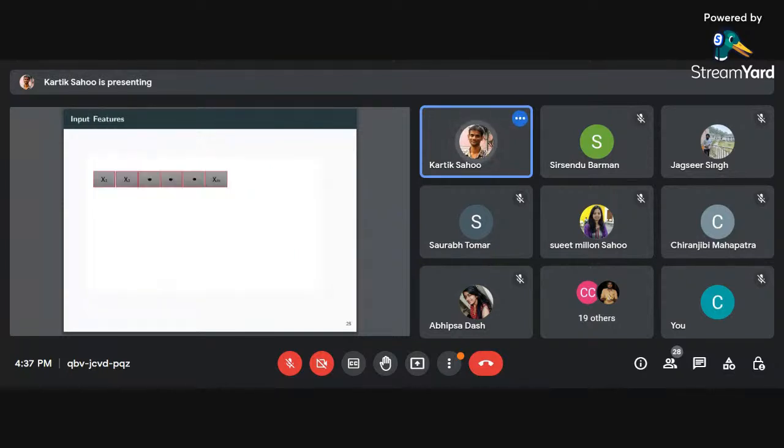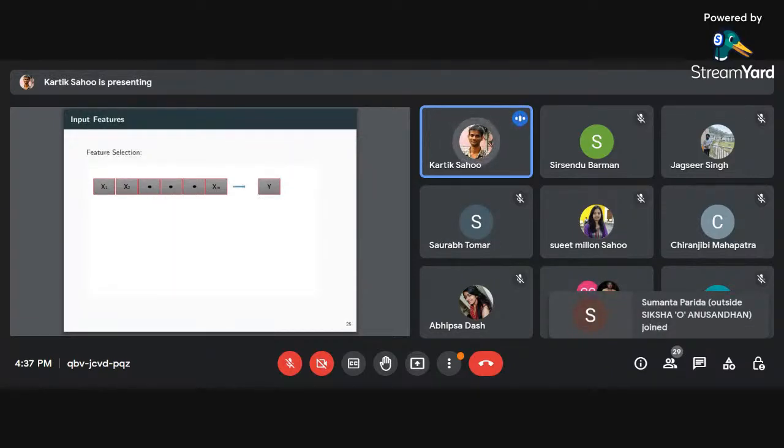Basically, in the input features we have x1, x2, up to xn input features and our target variable y. What we do is find out whether each feature xi is actually contributing to our expected variable y.